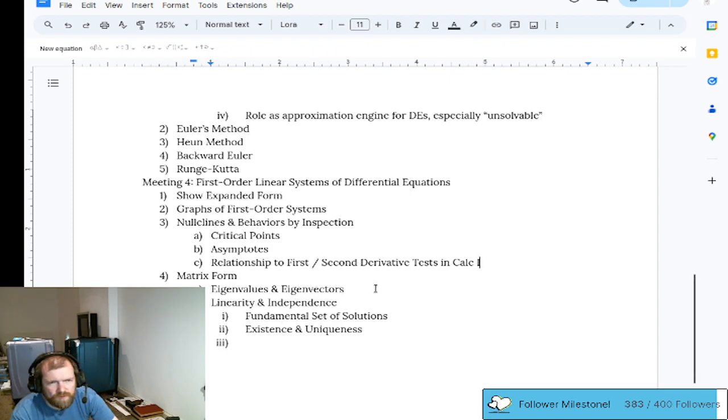Alright, so matrix form. We got the idea of eigenvalues and vectors from the nonlinear behavior above. If you're talking about the fact that this is linear, well, it is a linear differential equation, so not an issue.